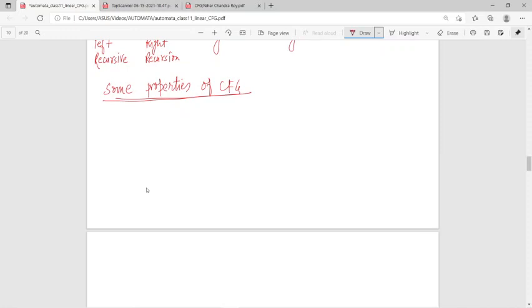Given a string w, and given a CFG, that means a string is given as well as a grammar, and that grammar generates a language.